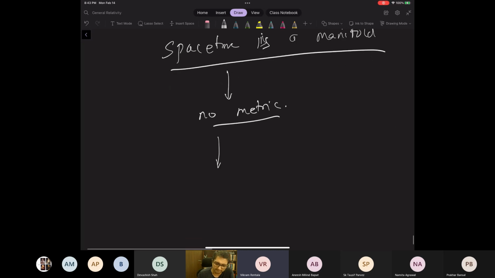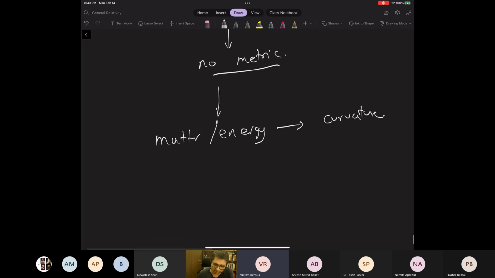But once you have matter or energy, this matter or energy sources curvature. The curvature is defined in terms of some derivatives of the metric. Actually, to be more specific, it's defined using these covariant derivatives of the metric.